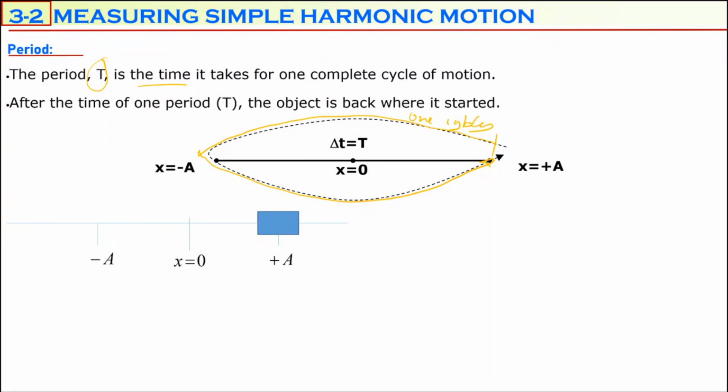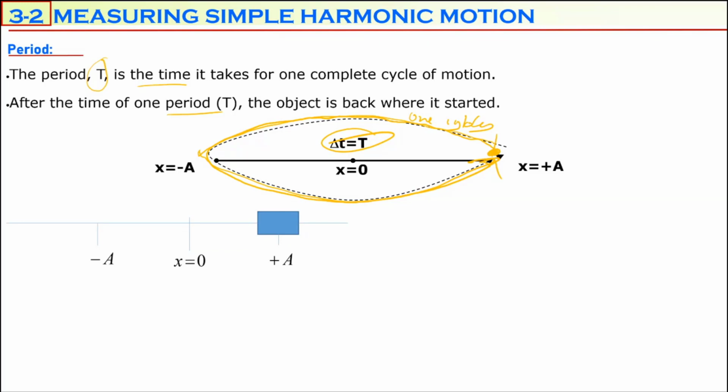So how long does it take for this one cycle? That time is known as the period of this vibration. After the time of one period, the object is back where it started. So the object started from positive A. After a time equal to one period, it returns to the point where it started.